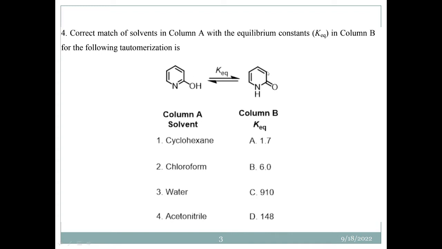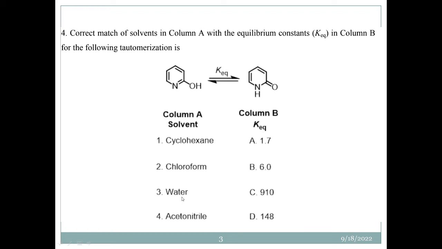So we expect a very high value for this equilibrium when there is water as a solvent. So water, of course, based on these values 1.7, 6.0, 910, 148, 3 will go with C. For water it will be the highest equilibrium value, K equilibrium.